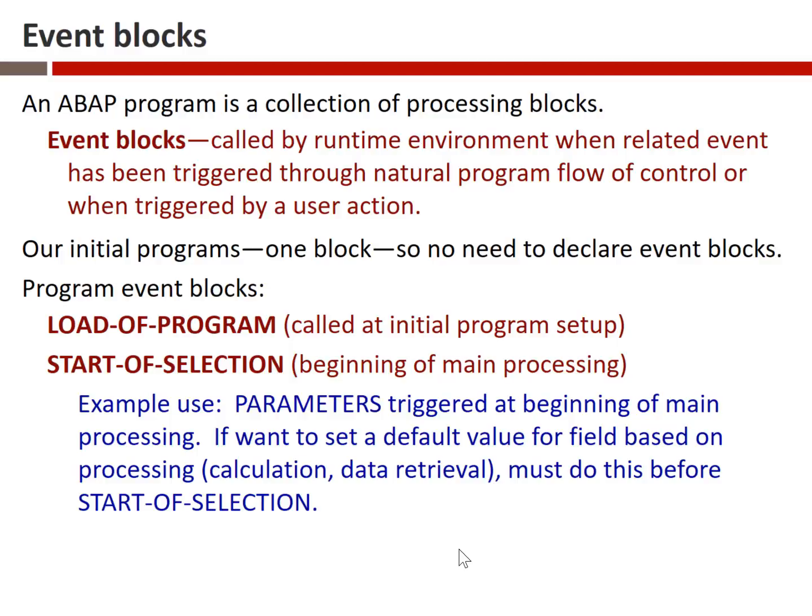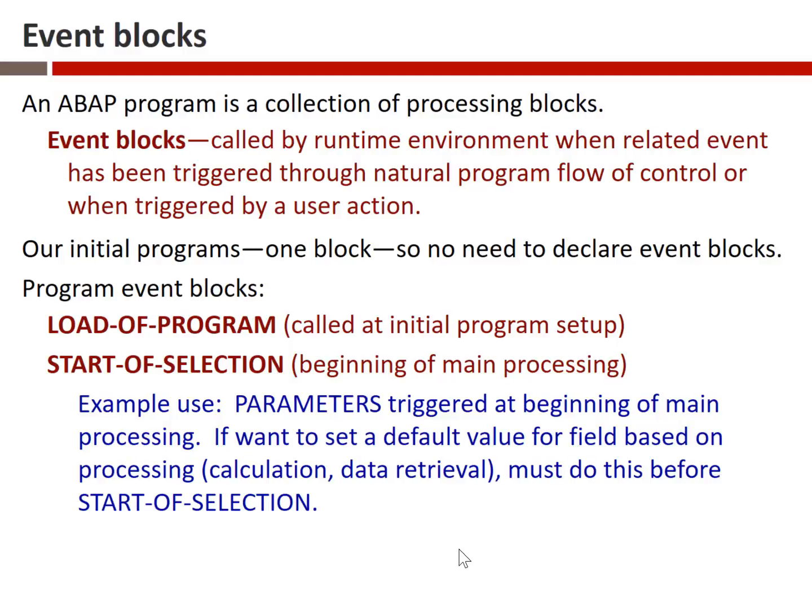We want to employ a more sophisticated parameter statement. Instead of our parameter statement just being a blank field, or instead of it being something that's actually hard-coded in, we want to create a default value for a field based on a calculation that we would do.